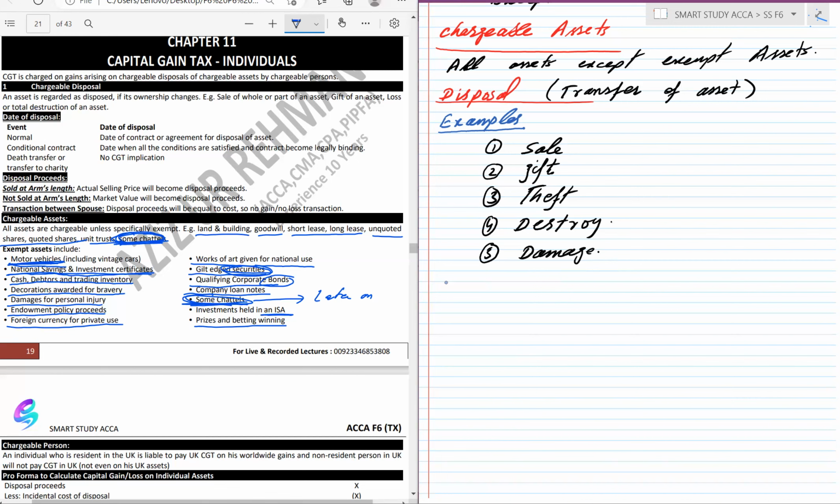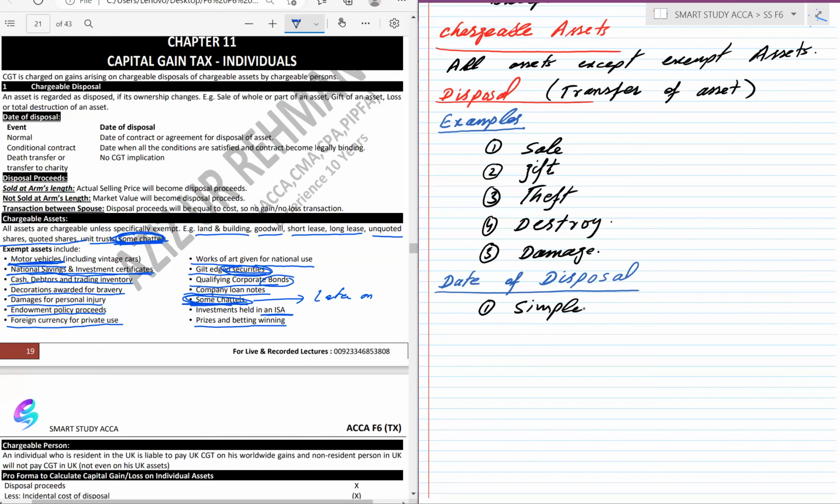Next term is date of disposal. Students, basically there are two types of contracts. One is called a simple contract. In a simple contract, we simply transfer an asset, so there is no issue at all. The date when we transfer the asset will be the date of disposal.